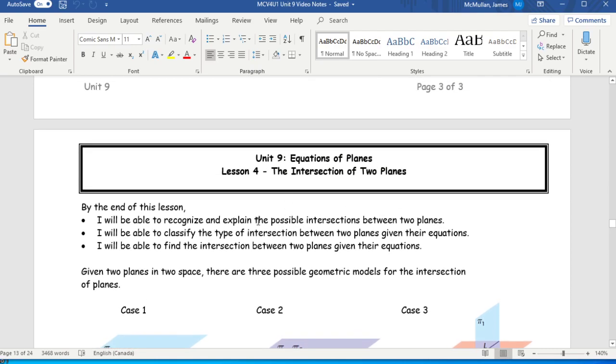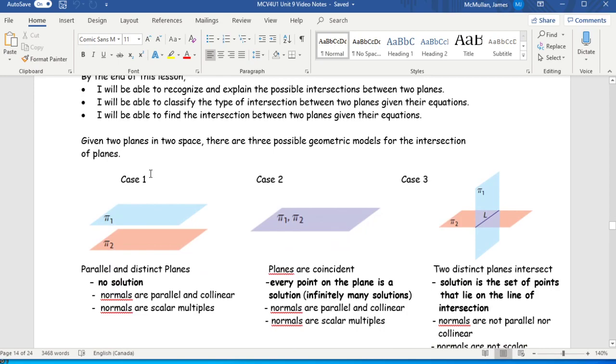Now, there are three different ways that two planes can exist in space. Number one, they could be parallel and on top of one another, so to speak.